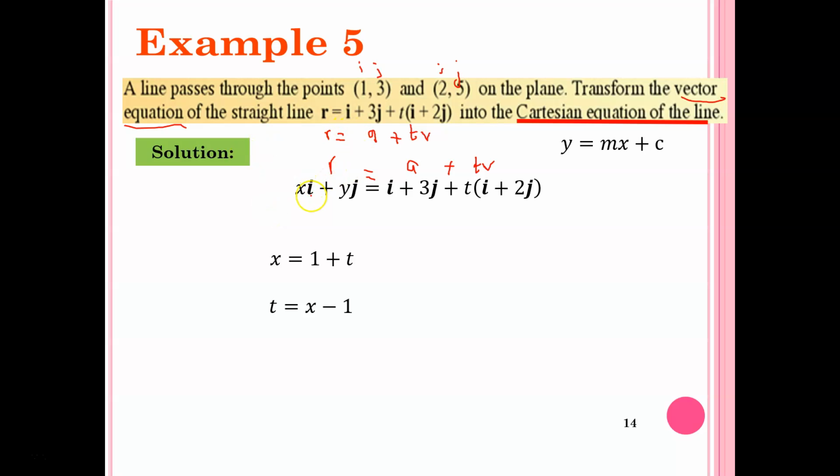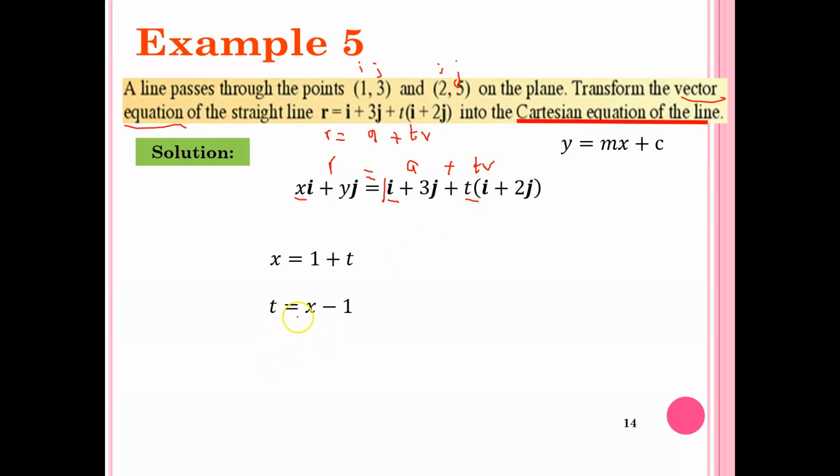So how do we find the parametric? We equate the left side with the right side. For the x term, the coefficient for i, x is equal to 1 plus t. The t times i is already there.